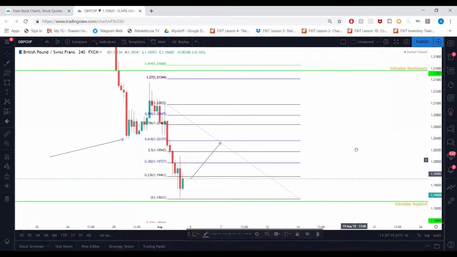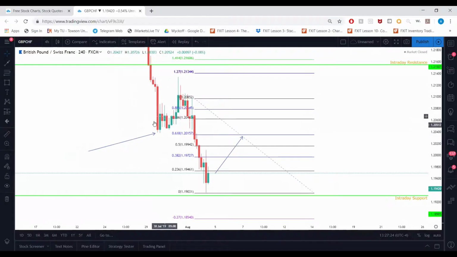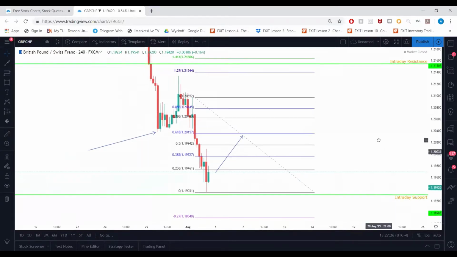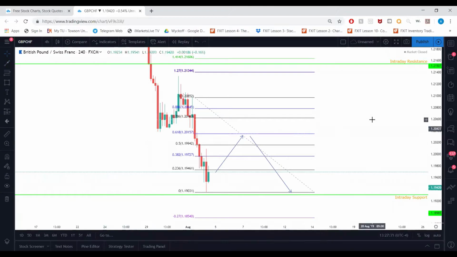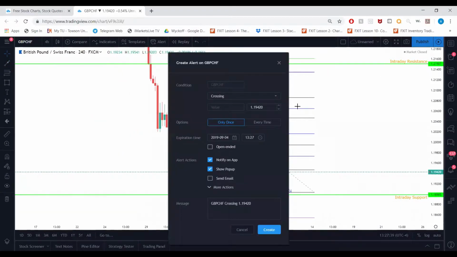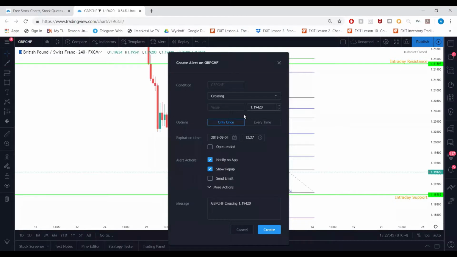And that will make sense for this to retest the previous consolidation. And from here, maybe we can look to potentially sell this. If I'm thinking to trade this, I will write myself a reminder, or set the alert. You can set the pair, GBP, set those values.